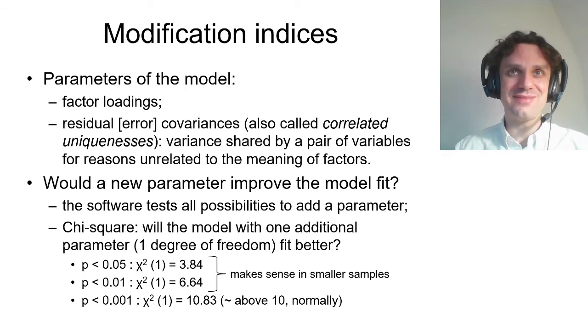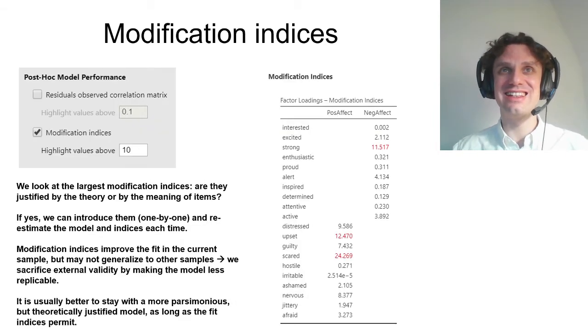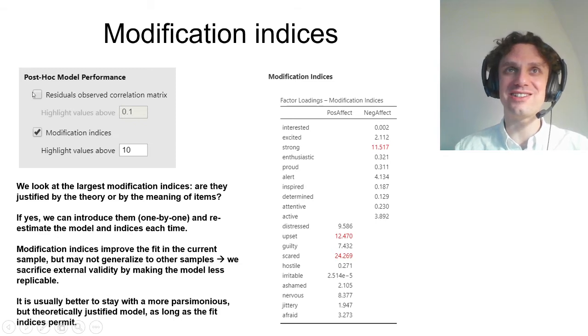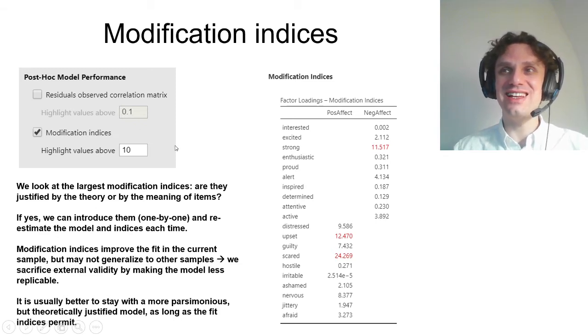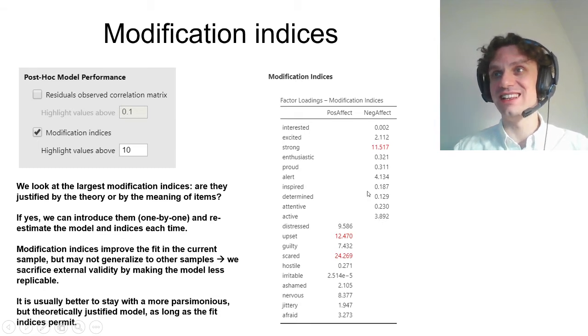So basically in Jamovi we tap modification indices, and we do it in this post hoc model performance little dialog. And then for every possibility to add a parameter, it gives us this chi-square value. For example, what would happen if we add some factor loadings? These are all positive emotions.